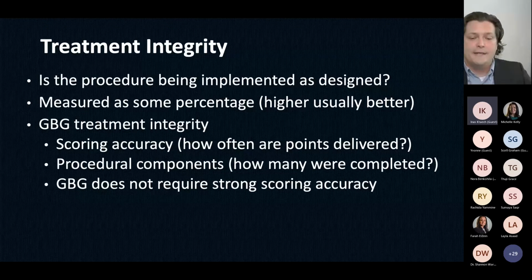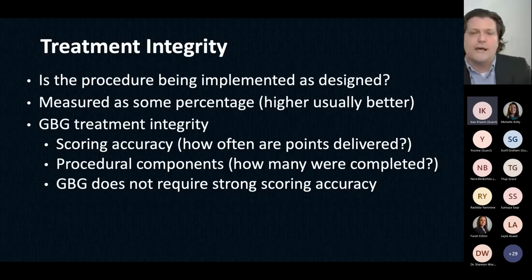That is called procedural components for the purposes of this talk, to differentiate it from scoring accuracy. Scoring accuracy only measures the delivery of points during the game. Previous research has shown that scoring accuracy specifically does not need to be very high during the good behavior game.